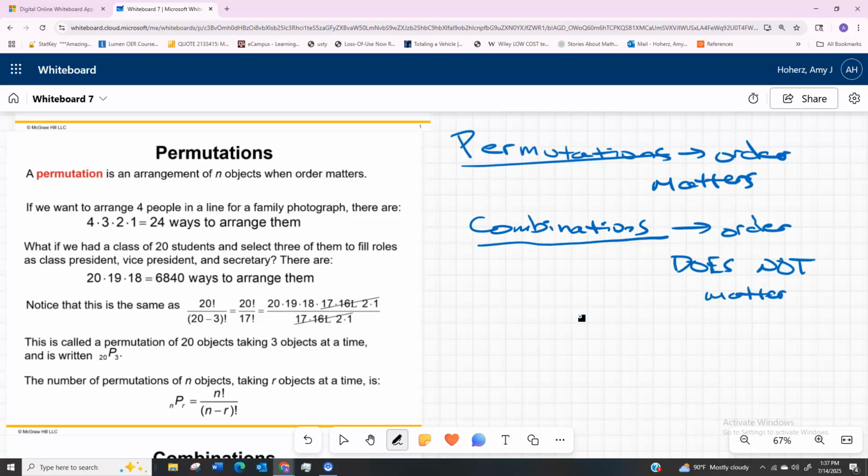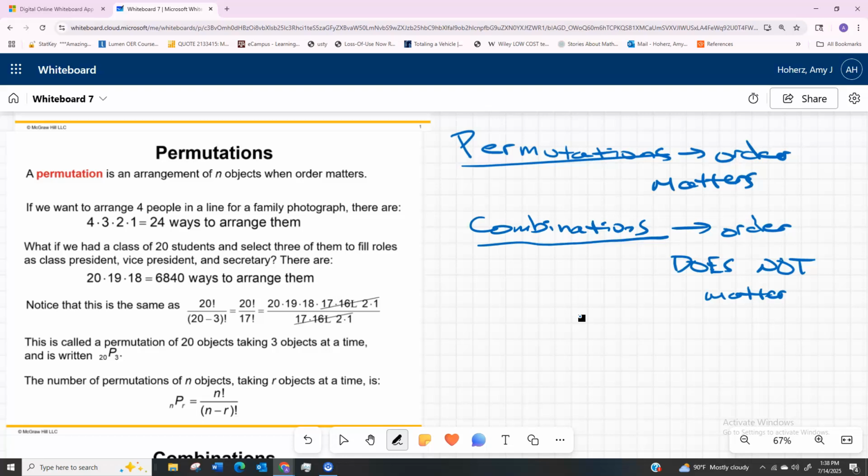First of all, the order does matter on a combination lock. And also you can repeat numbers on a combination lock. So you could have a combination like 10, 27, 10. With permutations and combinations, you can't repeat things. So combination locks are named entirely wrong, because with a combination, you can't repeat things and the order does not matter. Permutations, the order does matter. Remember it how you want, but that's the crazy way that I remember it.